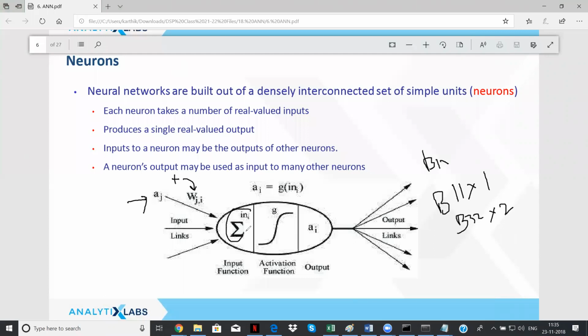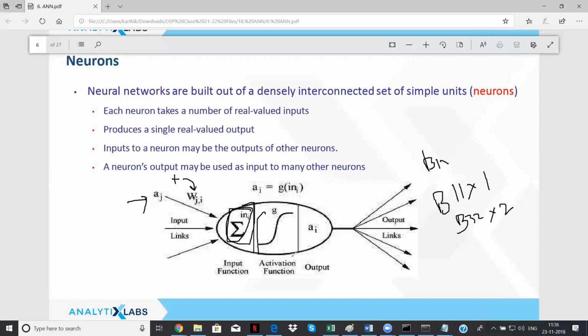Here, look at this input function. This function can be any one of those functions. Like in this example, I have taken a linear equation. You can take a binomial logistic regression equation. You can take any other equation, right? That's your input function.